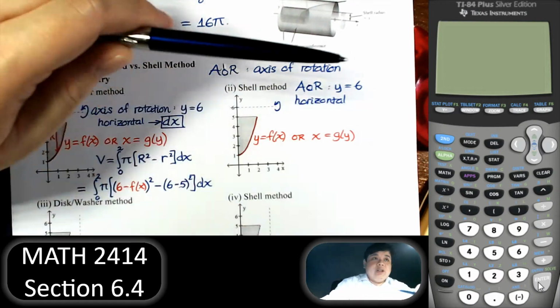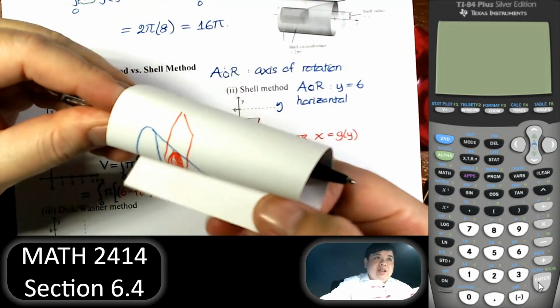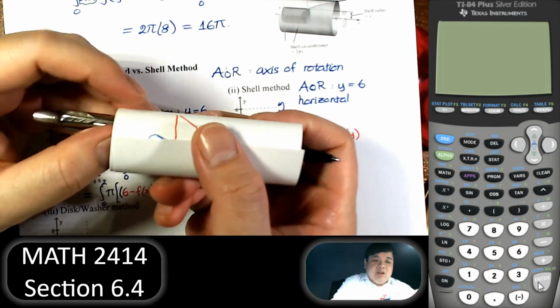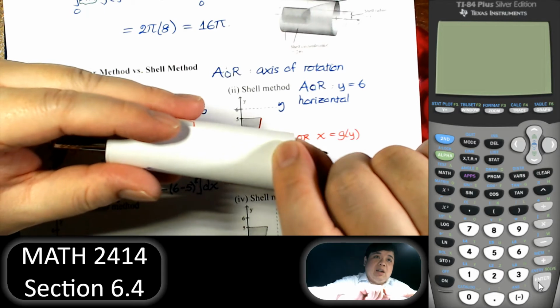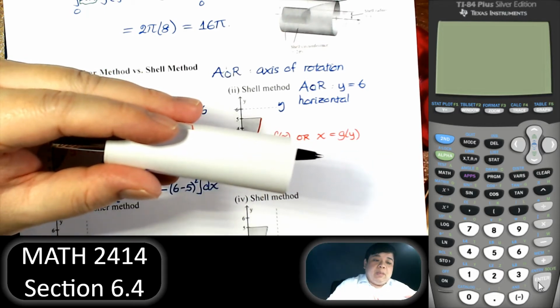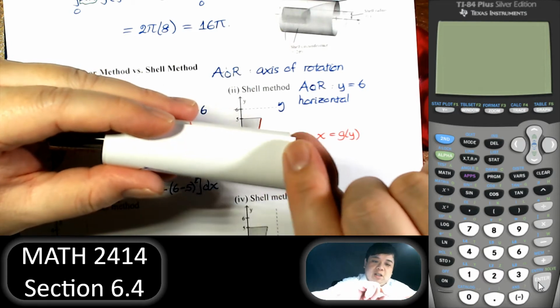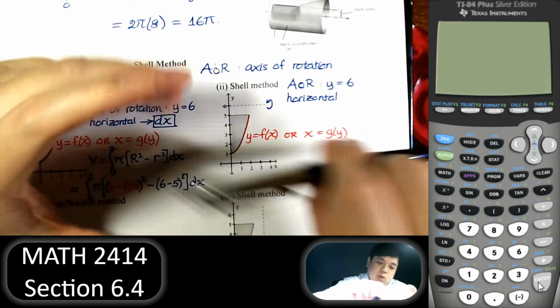So what we do is, we do not slice it, we wrap around. And when we wrap around, the thickness of the paper is going to be the width. The thickness is going to stack up vertically, so it's going to be dy.